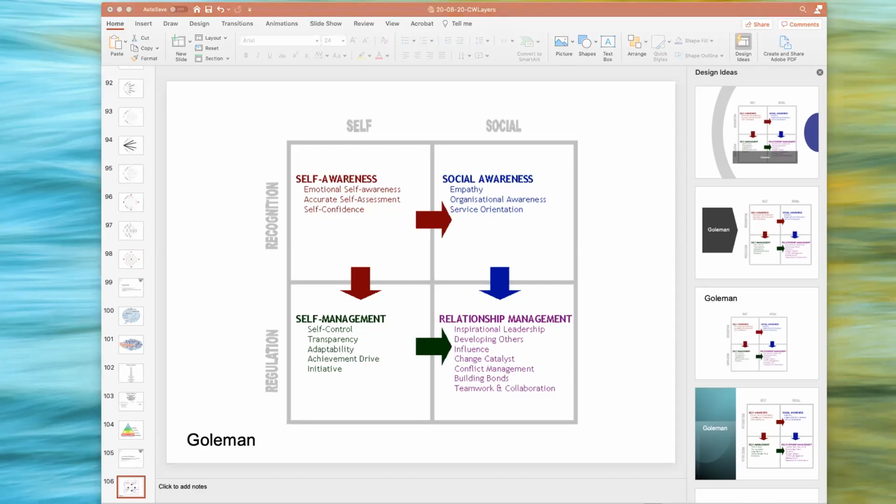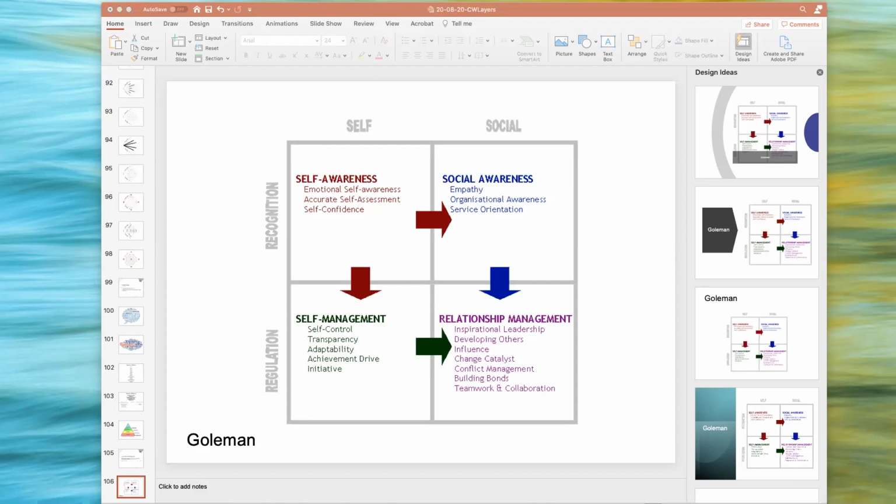I remember it said something about I had a strong social awareness aspect, which, in fact, I think was more than the self-management, which I was quite surprised by. But I don't remember why.